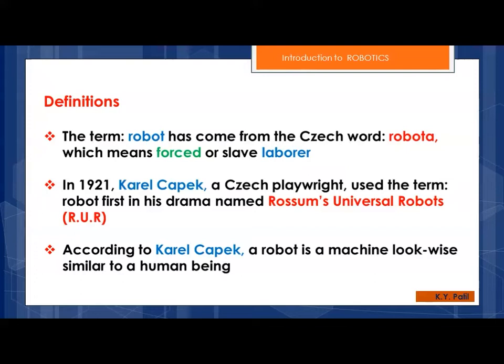But the way he described the robot was as follows: the robot was similar in looks to a human being, but nowadays we use a few robots which do not look like a human being. So this is the way the term robot was introduced in the year 1921, but during that time there was not even a single robot in the world.